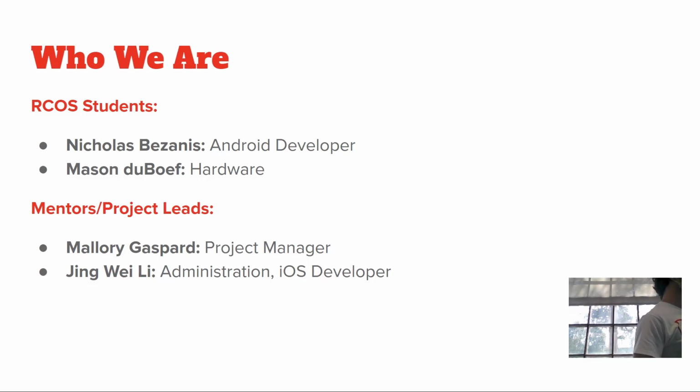And I'm Mason. I'm a CS student, and for this semester I took on the hardware for the project. We have mentors and project leads who helped us along the way. Mallory, who made this project and is making it work, is at Cornell now, but she still acts as our project lead. And Jing was a developer for the project, but likewise helped us a lot during the semester.